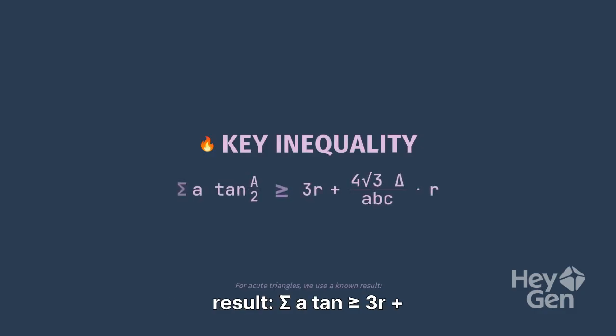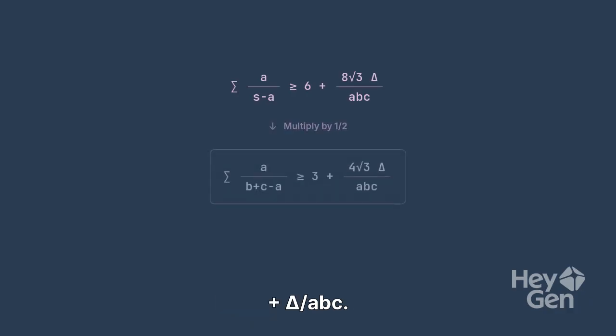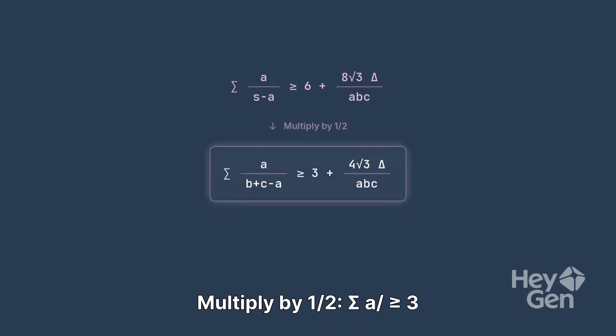Sigma A tan(A/2) is at least about 3r plus delta over ABC times r. Divide by r. Sigma A over (S minus A) is at least 6 plus delta over ABC. Multiply by 1/2. Sigma A over (B plus C minus A) is at least 3 plus delta over ABC.